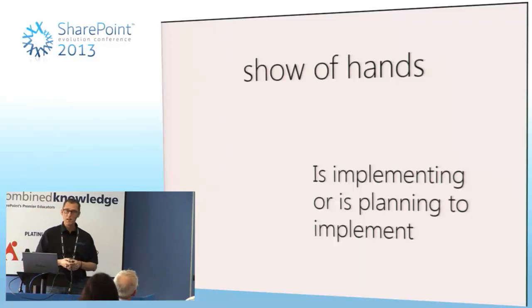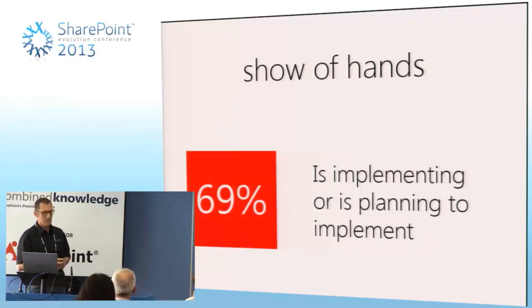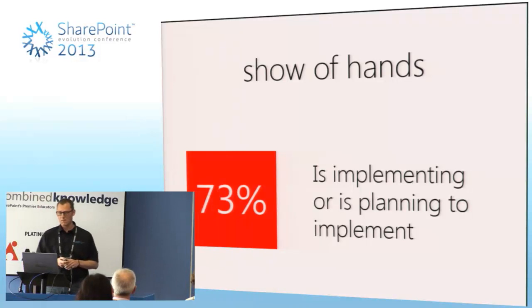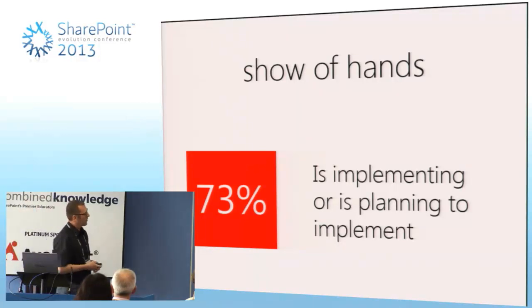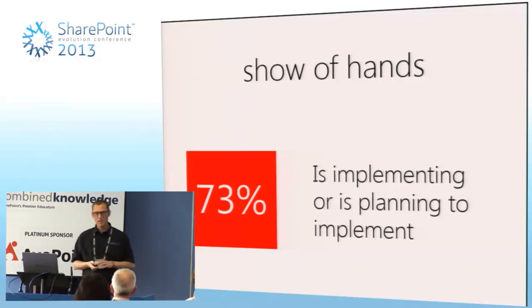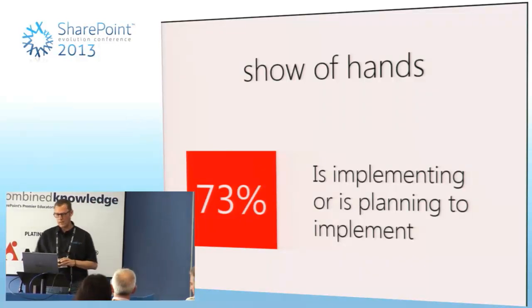So this is probably about 69% or maybe 73%. Not sure. I also learned that 68% of all percentages are made up on the spot, so that's probably what's happening here.